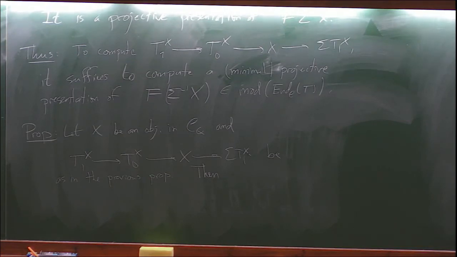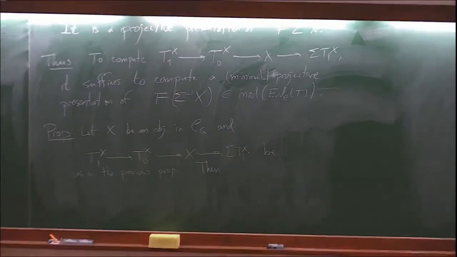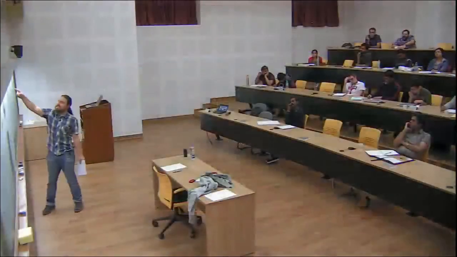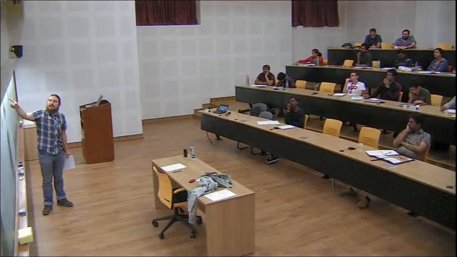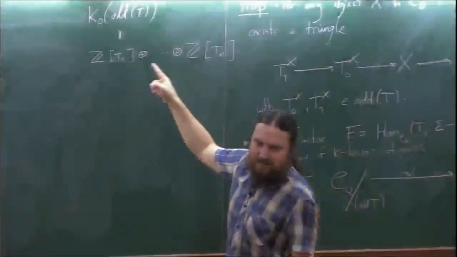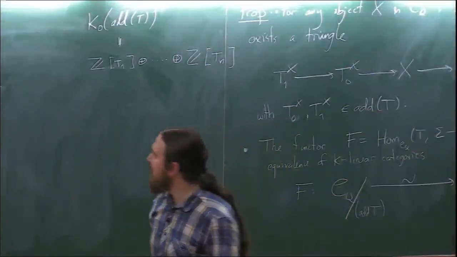It's just a free abelian group generated by symbols that correspond to the decomposable direct summands of T. So an element in here you can view as a vector of integers.